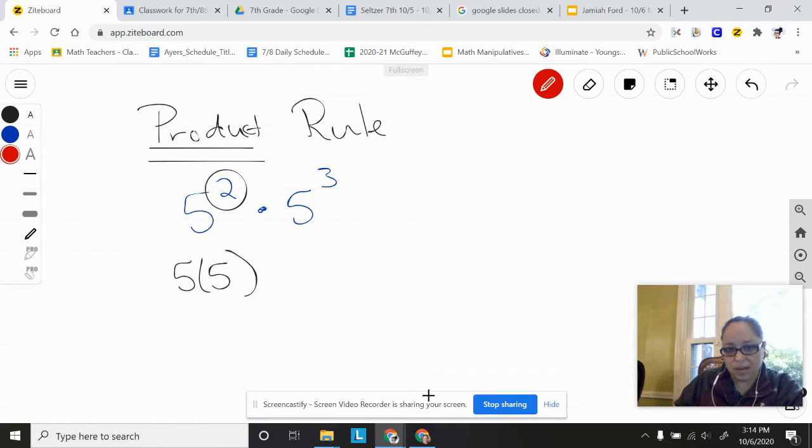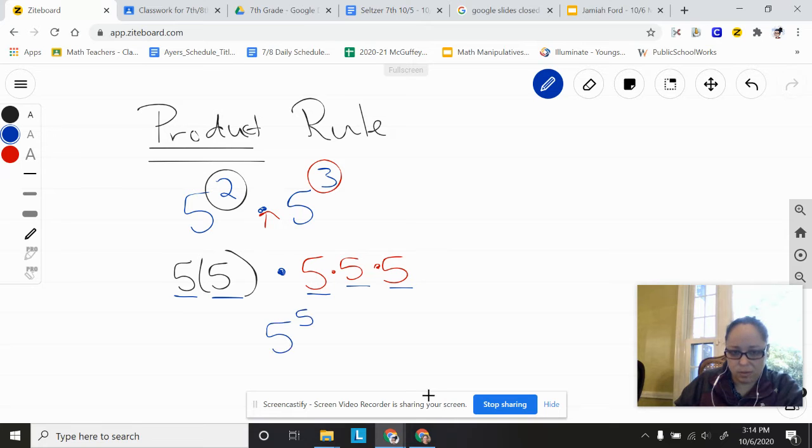Then I'm going to write 5 to the 3rd power as 5 times 5 times 5. And because they were being multiplied together, I still need to multiply them together. So I have a total of 1, 2, 3, 4, 5 fives being multiplied together. That is 5 to the 5th power.